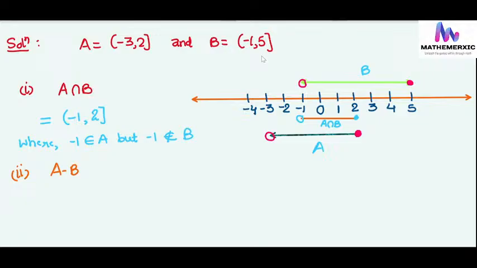A is the initial set and we are subtracting B. In that case, this will be equal to (-3, -1], with a closed bracket at minus 1. Why?